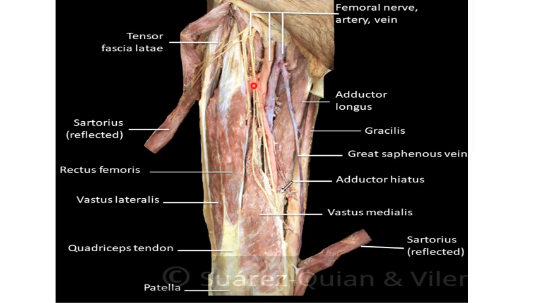And this is the posterior division, which has the saphenous nerve, the only cutaneous nerve of the posterior division. This is the rectus femoris, this is the vastus medialis, vastus lateralis. If we cut open the rectus femoris, then you can see the vastus intermedius muscle, and this is the adductor longus.